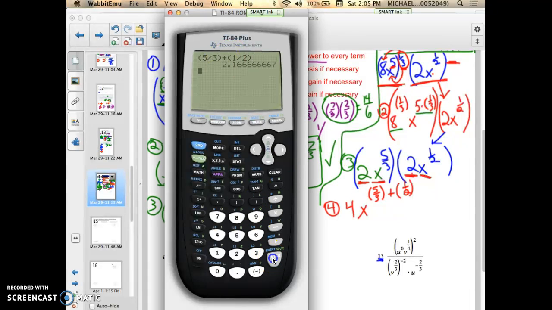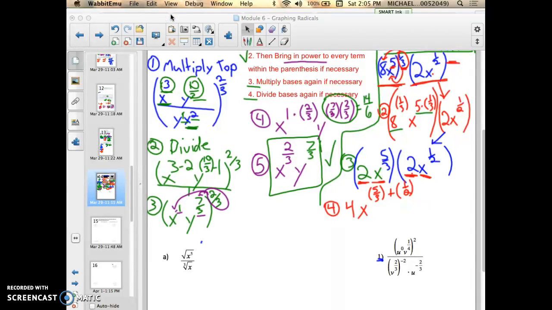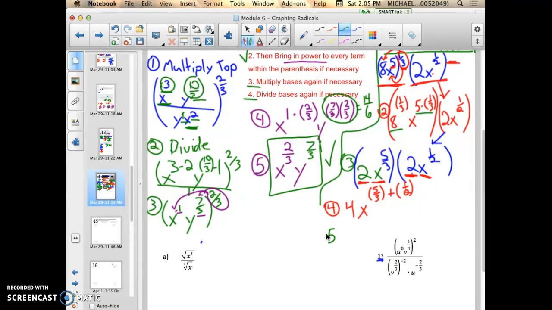I hit enter, gives me a decimal. I hit math, enter, enter, and my final answer is 4x to the 13/6. So now, my fifth and final step, I'll write my final answer. 4x to the 13/6. And I am done.